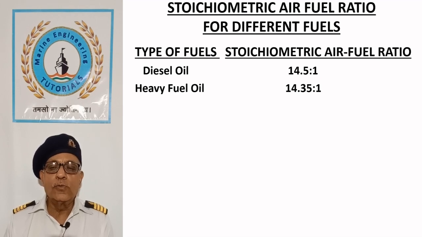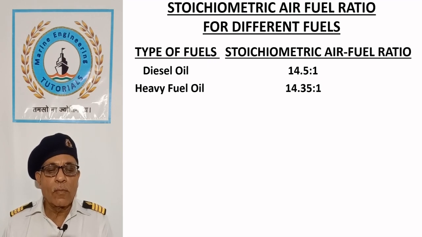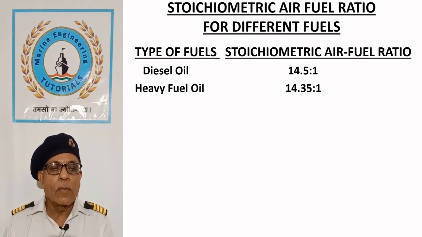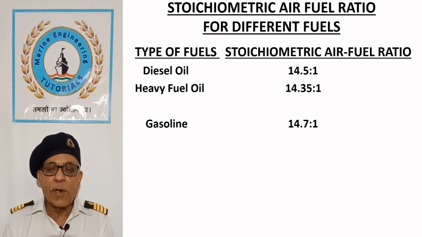Diesel oil is used as the pilot fuel in boilers and engines during starting up and subsequently changed to heavy fuel oil. Gasoline is mainly used in automobiles but is occasionally used in ships, such as rescue lifeboats equipped with an outboard engine.